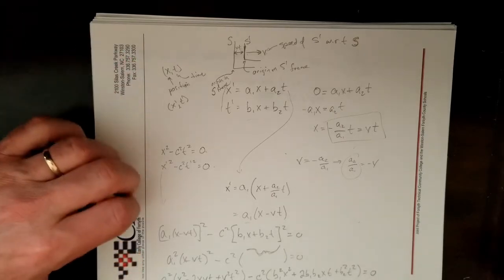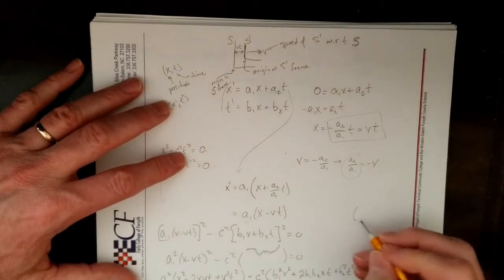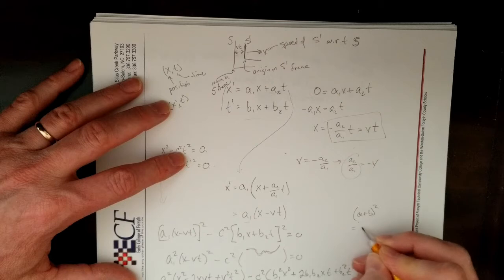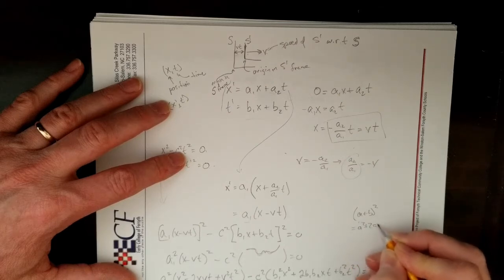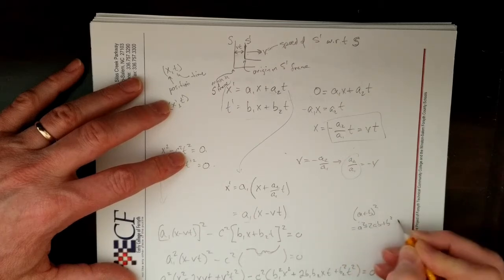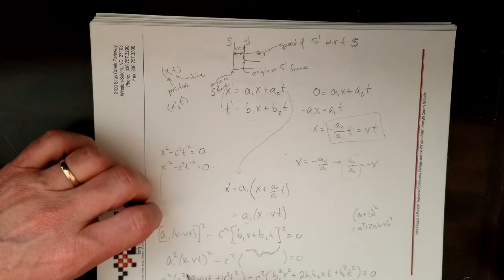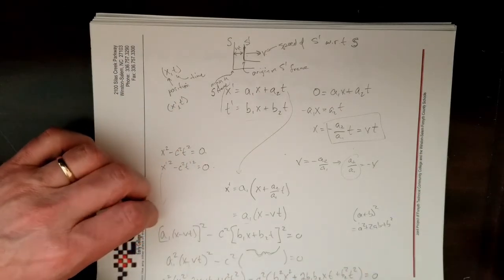This is just squaring a binomial, so a plus b squared is equal to a squared plus 2ab plus b squared. Or if it's negative there, then it's a negative here. So that's why that negative transferred there, and that stayed positive.